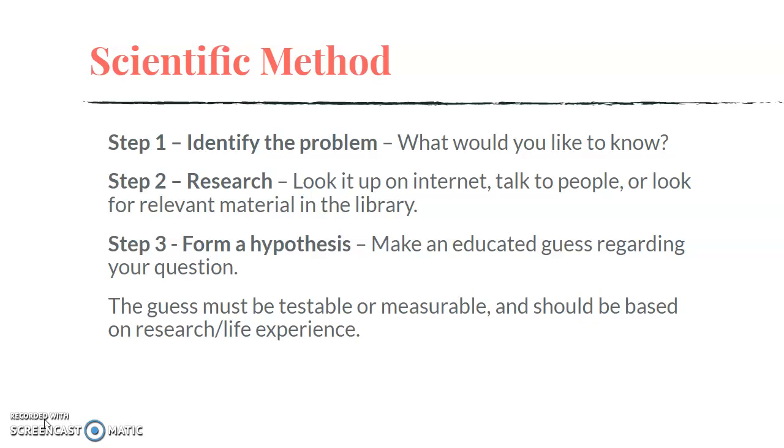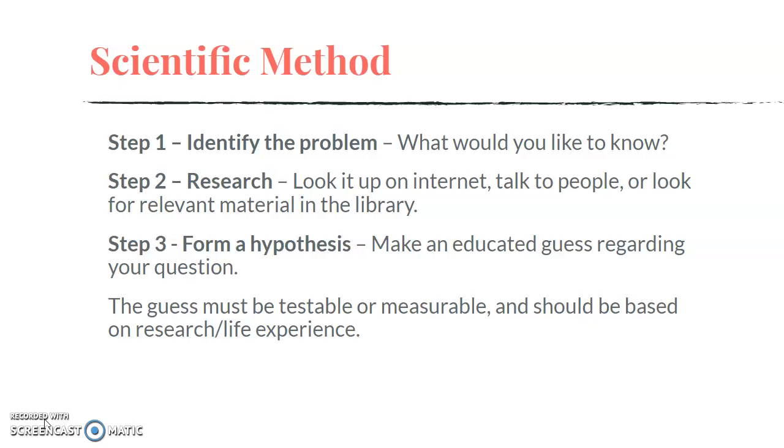You can conduct research by looking it up on the internet, talking to people, talking to experienced professionals like chefs in this case, looking for relevant material in the library, looking at cookbooks or recipe books. For this particular example, looking at scientific magazines, journals.